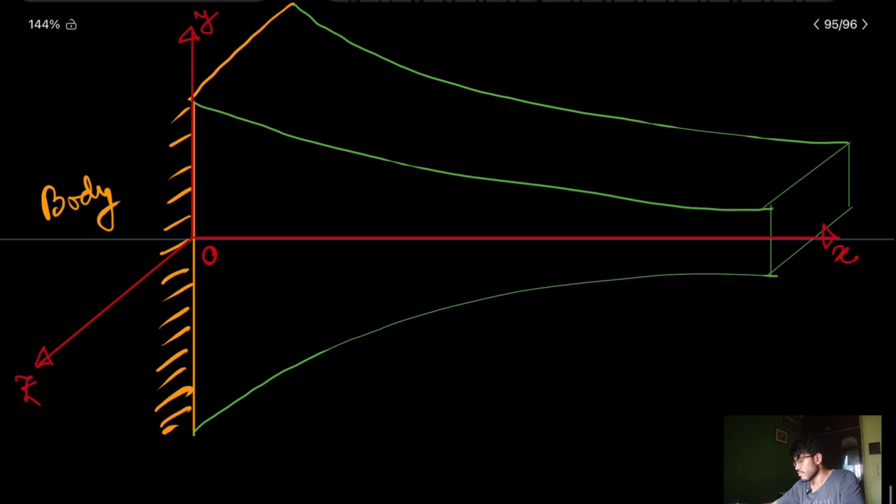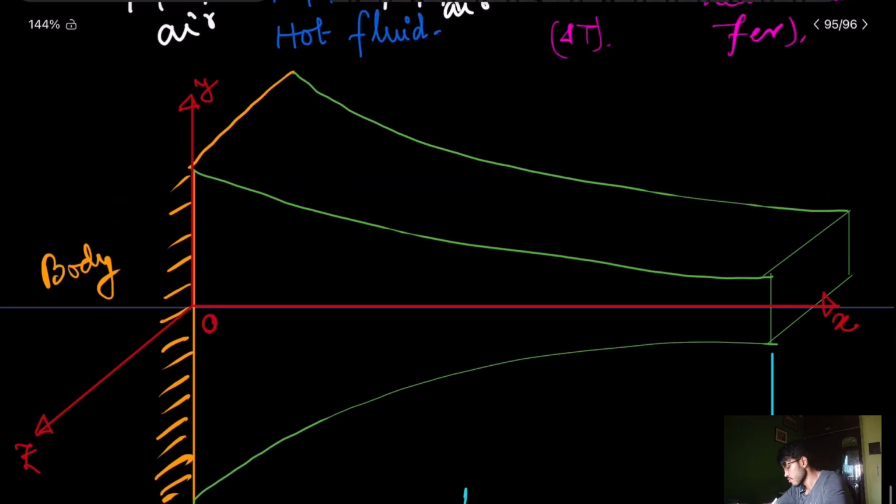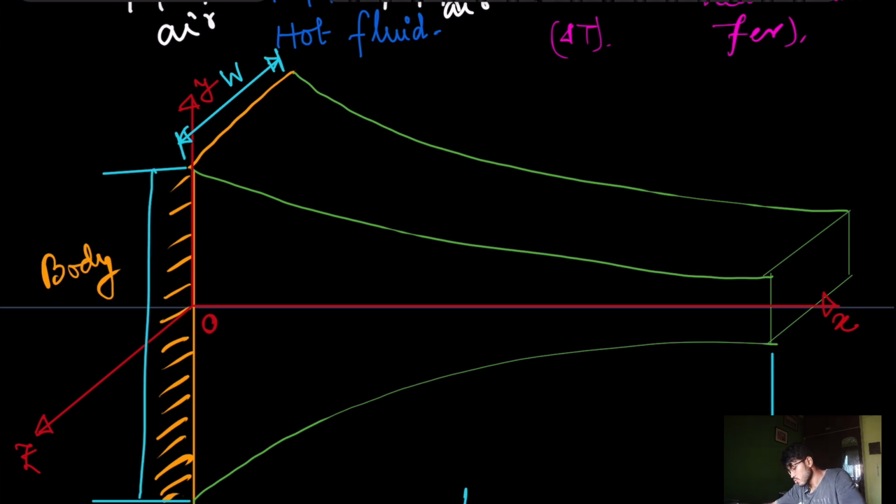The length of the fin is given as L, the width is W, and the height is also given. The height is 2h, or rather I can define it like this.